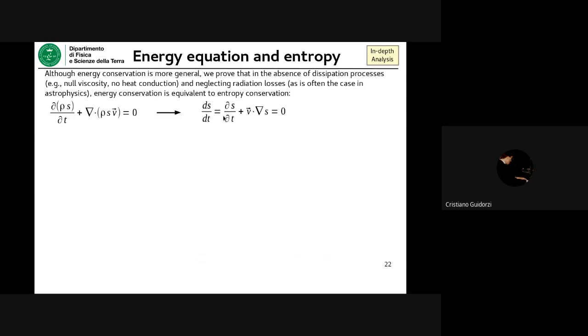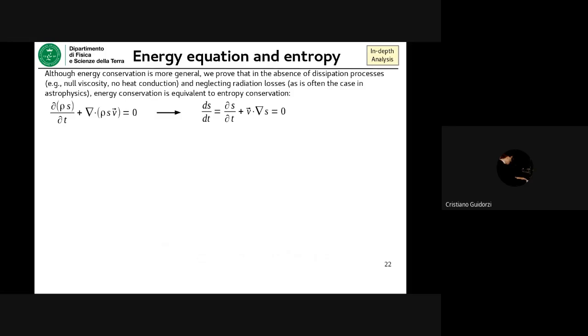Now, what I'm going to prove to you is that in the case of absence of dissipation processes and neglecting radiation losses, so when there is no heat exchange, demanding conservation of entropy is perfectly equivalent to demanding conservation of energy, which instead, in a more general case, is more general than conservation of entropy.